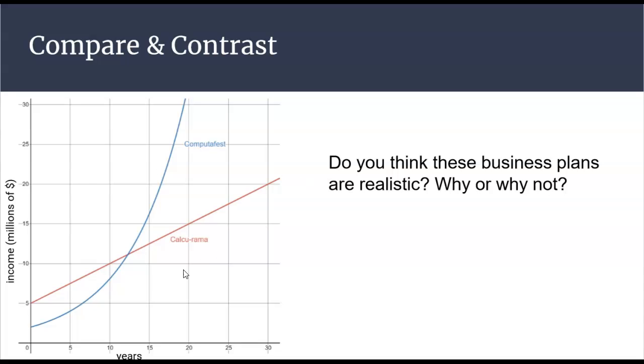Other things we can consider is that there are a lot of unknown variables here, a lot of things that could influence these business plans. We know that the economy can change, that things about personnel and hiring can change.